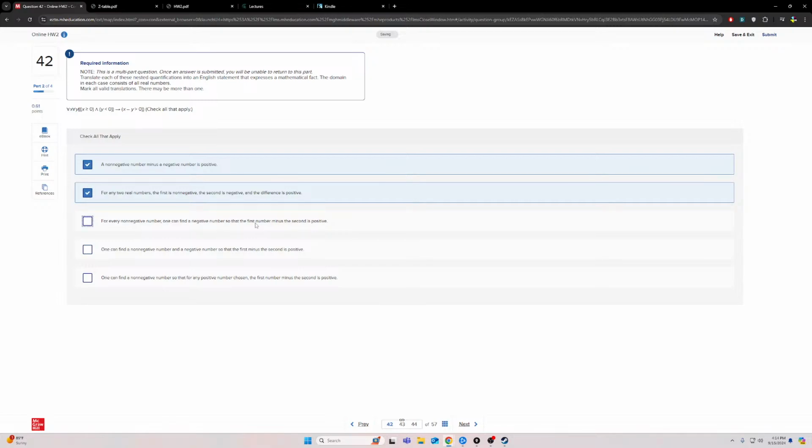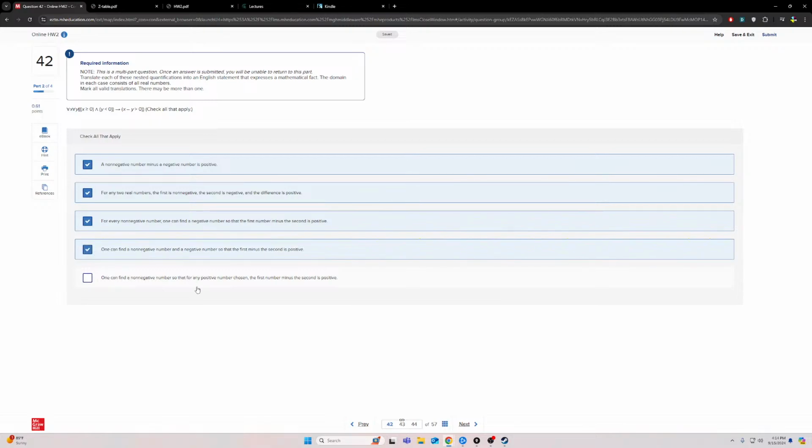I mean, that is technically true. Sure. One can find a non-negative number, and a negative number. So one can find a non-negative number so that for any positive.